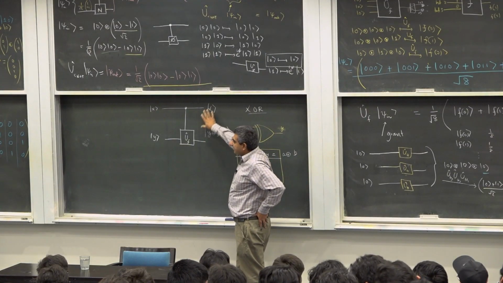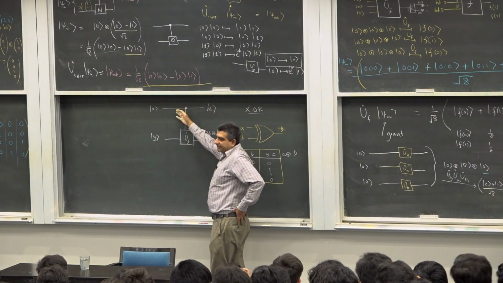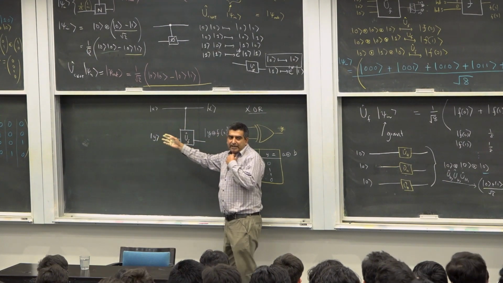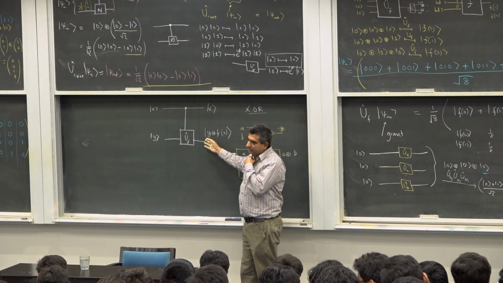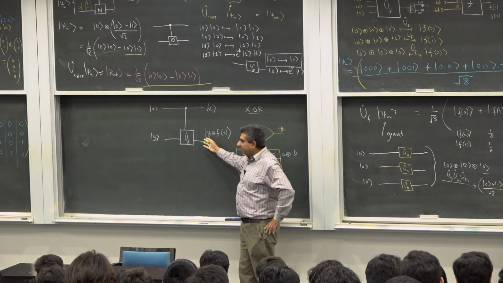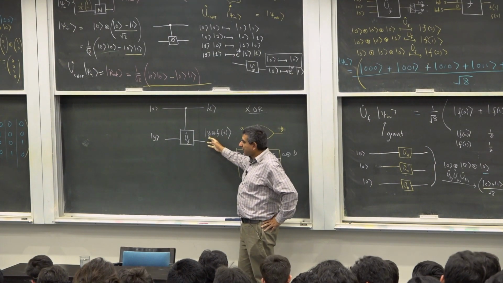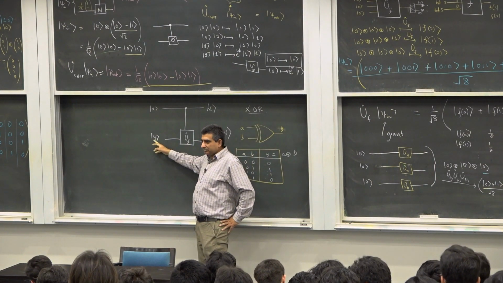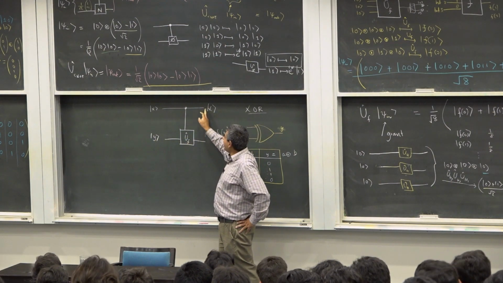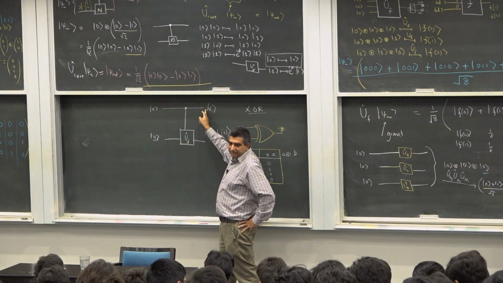So what this gate does, it does nothing to the first qubit, and the second qubit takes up a value. That value is the exclusive OR of this input value with the function f acting on the state of this qubit.